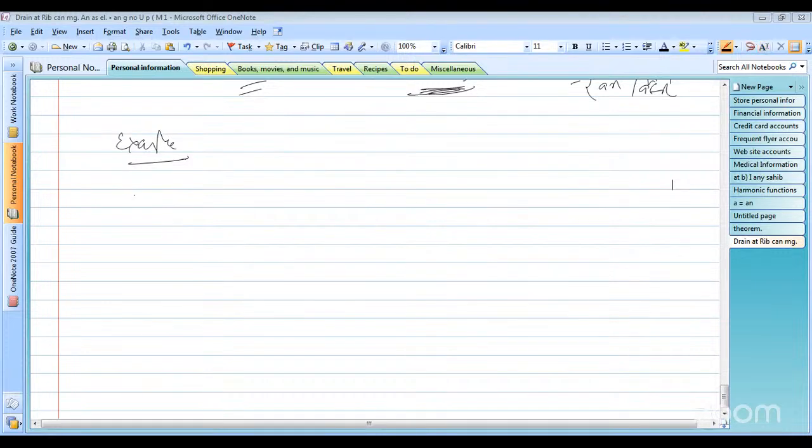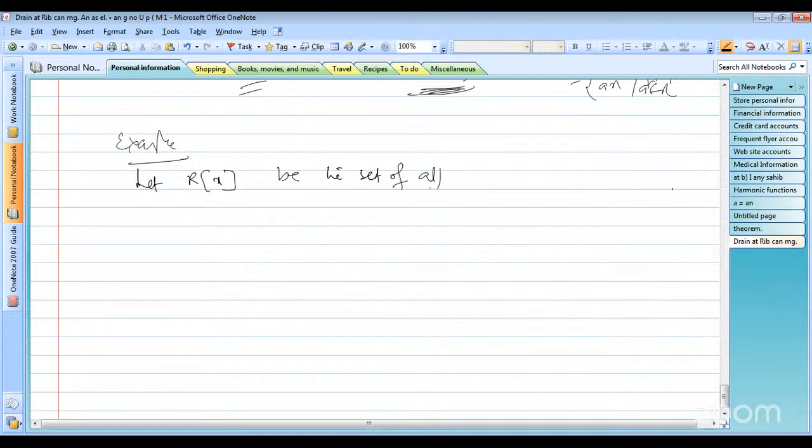Another example, R[x] is the set of all polynomials over R. Then R[x] is an R module. When R[x] is an R module, we know that R[x] is a module.